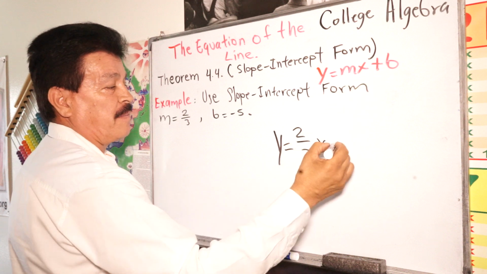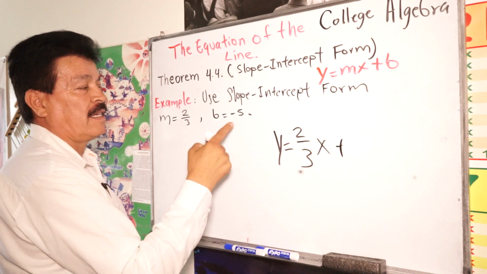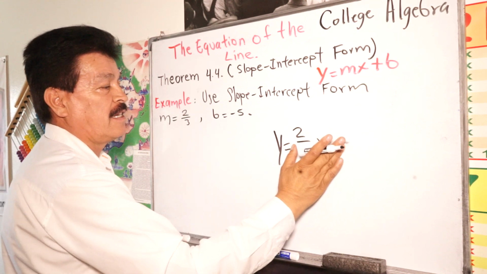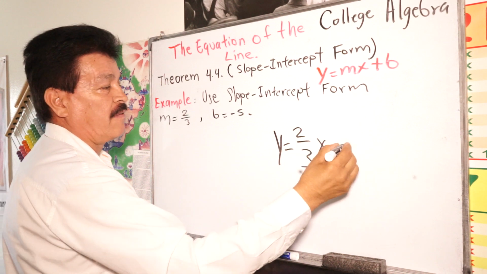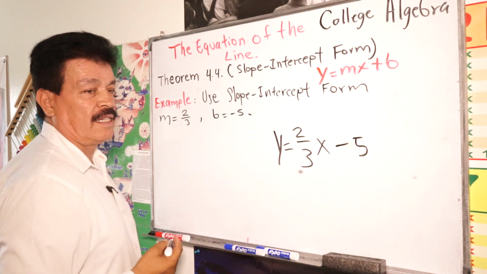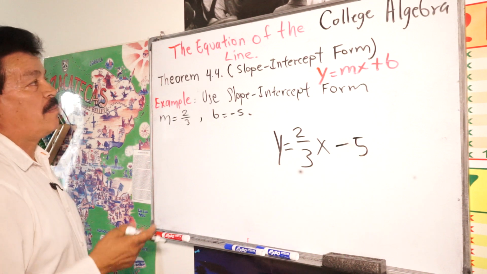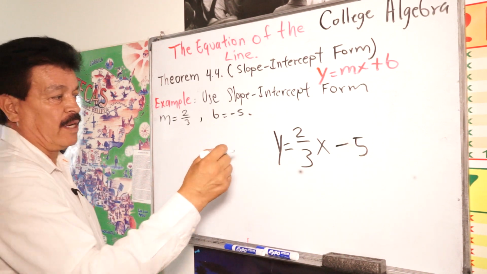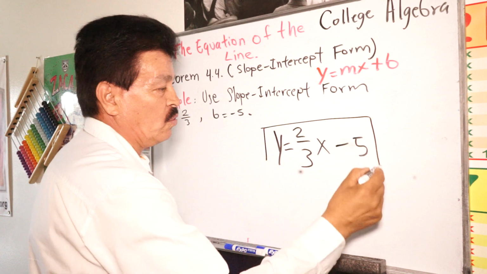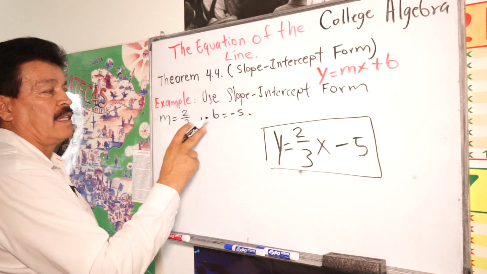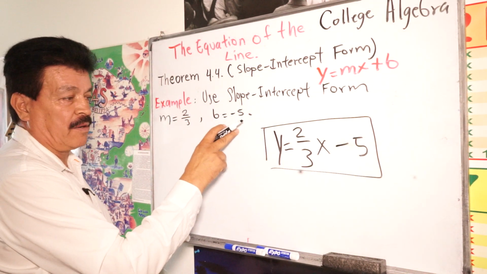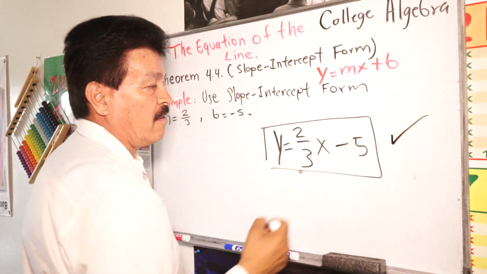How much is b? It is negative 5. So this is the equation of the line using this slope and this y-intercept, or b. This is our first problem.